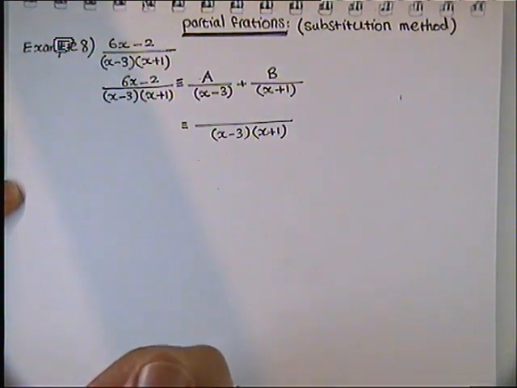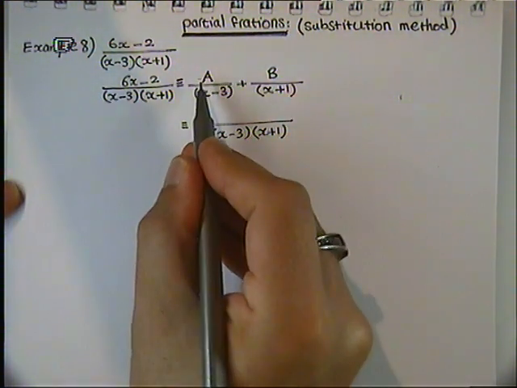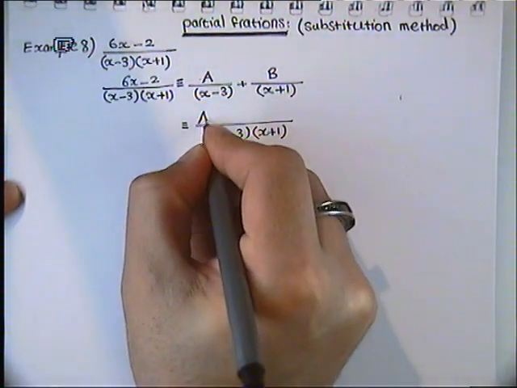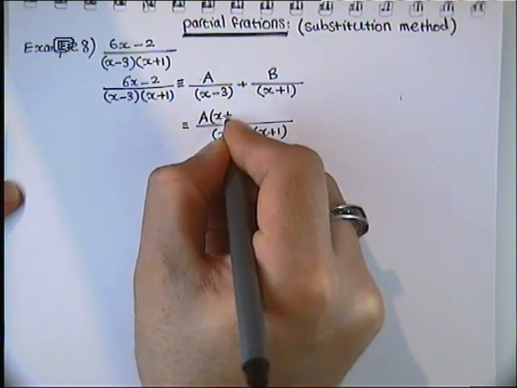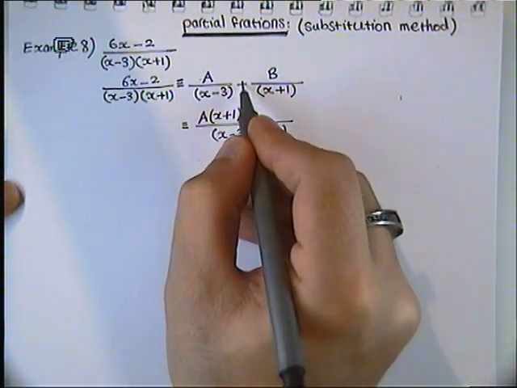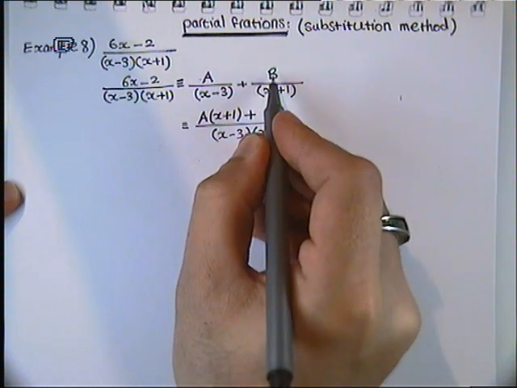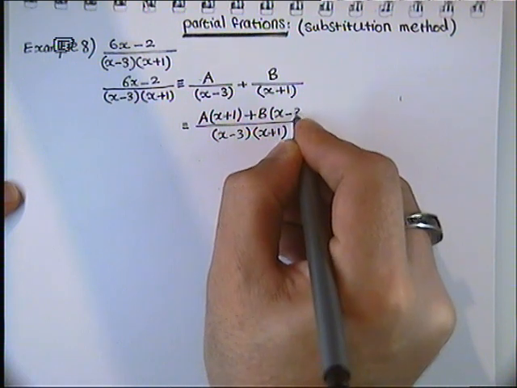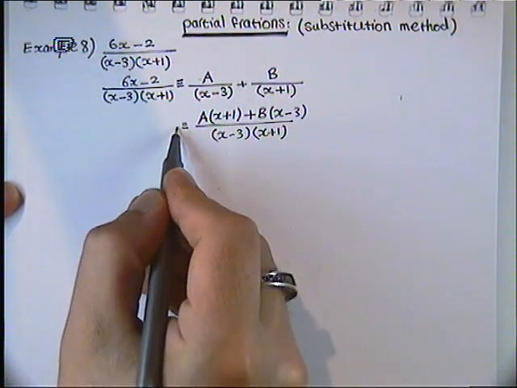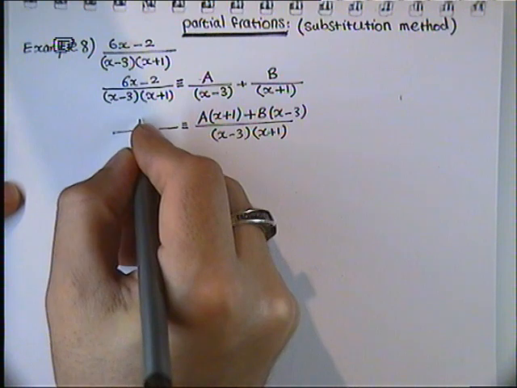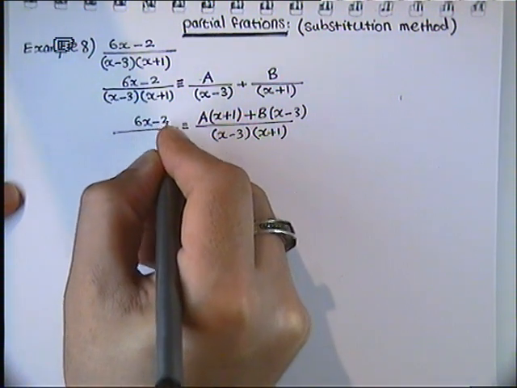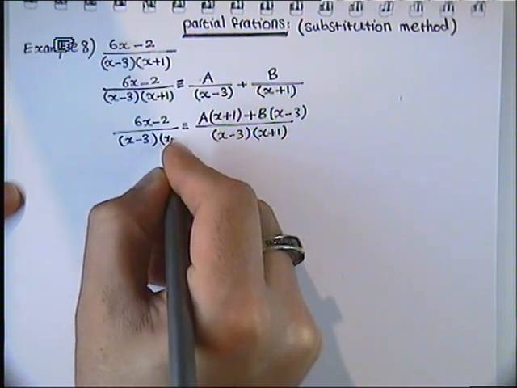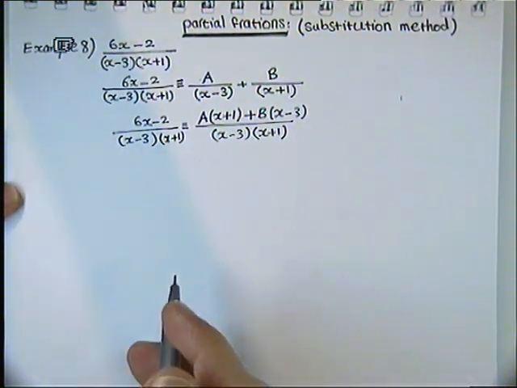So I multiplied the first fraction by x + 1. Therefore, I have to multiply A by (x + 1), plus B times (x - 3), which is identical to (6x - 2) over (x - 3)(x + 1).